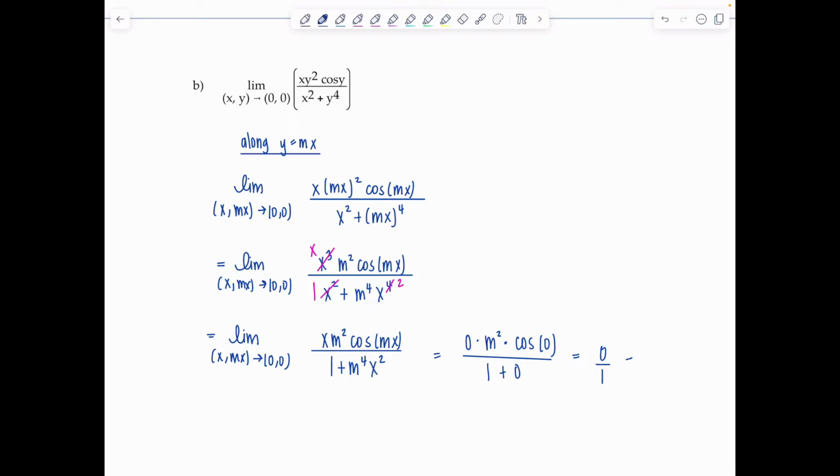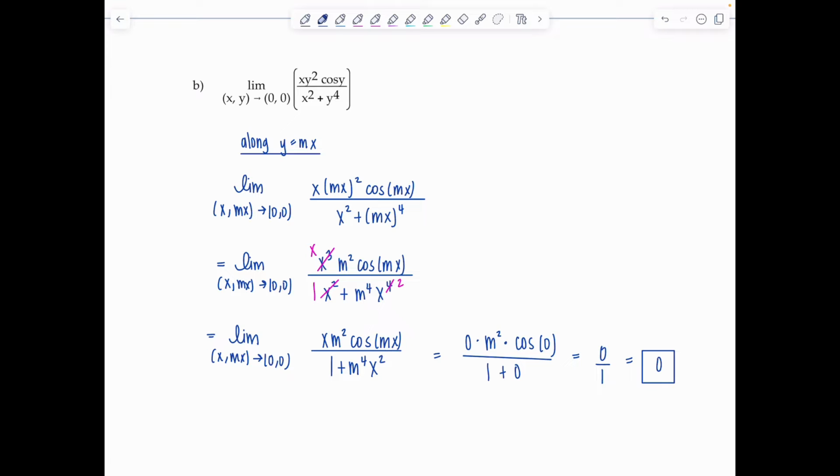We have 1, so 0 divided by 1 is 0. So this approach is nice. I like doing this going along y equals mx because it generalizes along any linear path that has a slope, right? So not along a vertical line, but still it condenses your testing of various paths.